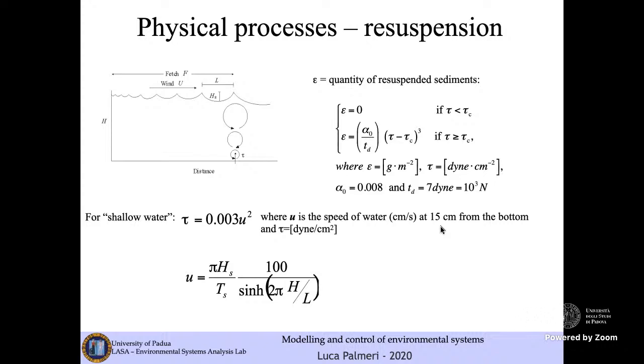In the case of shallow water bodies, you may also find an expression that links the water speed at 15 centimeters from the bottom with the effect of winds, in terms of height of waves and period or wavelength of waves, multiplied by 100 divided by the hyperbolic sine of the quantity h, the depth of the water body, multiplied by the wavelength L of the wave generated by wind.